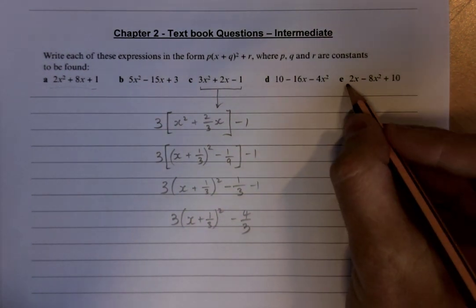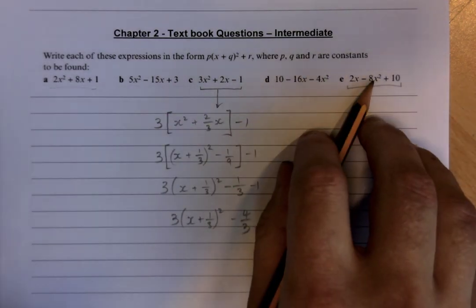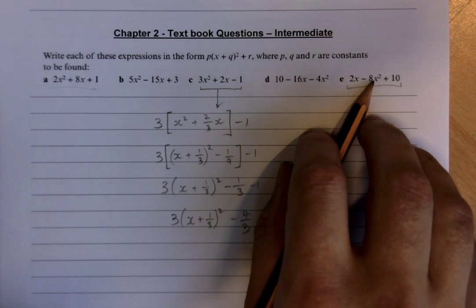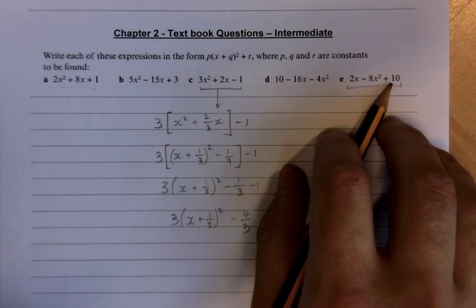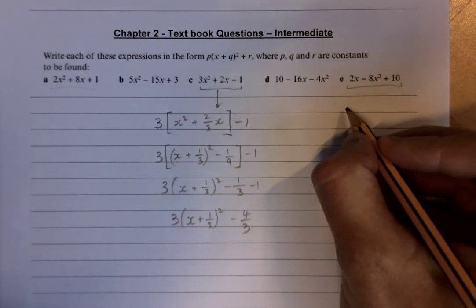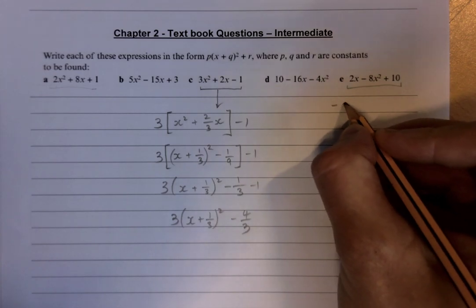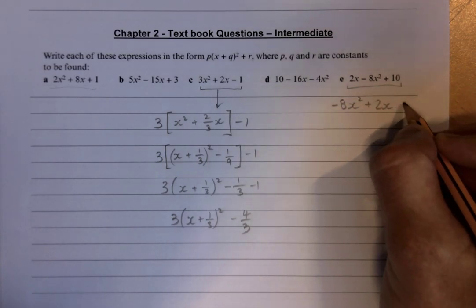For questions like this one, this is more awkward than that, because firstly the leading coefficient is negative and it's 8, and then you have to divide 2 by 8 and then halve that, so it gets more awkward more quickly, especially because there is a negative involved.